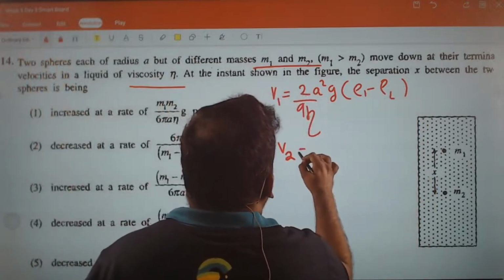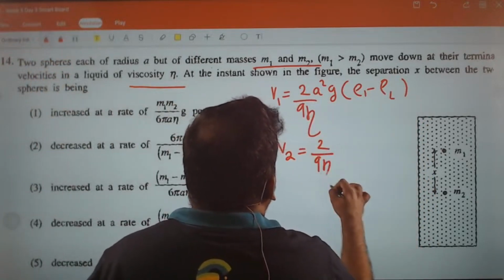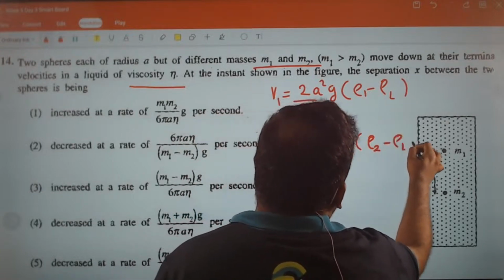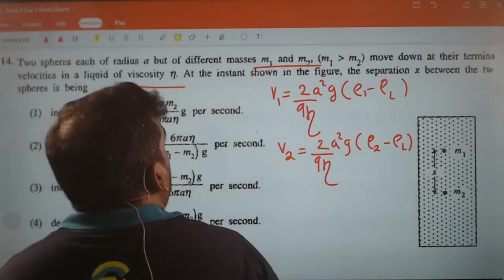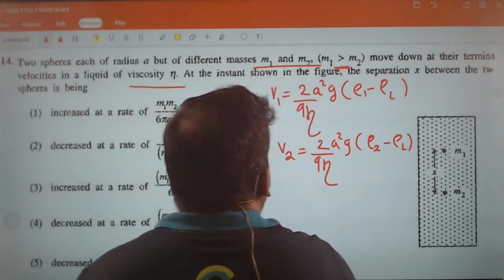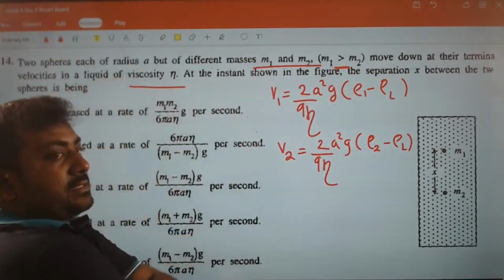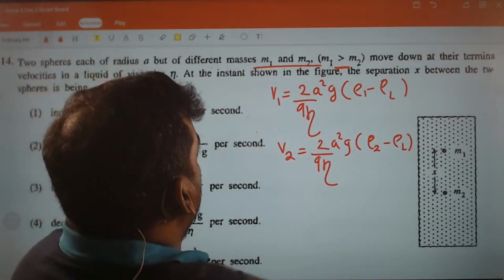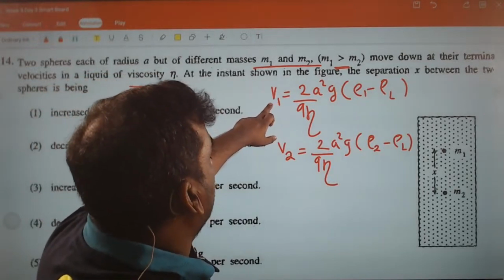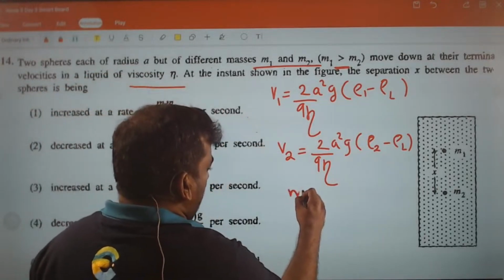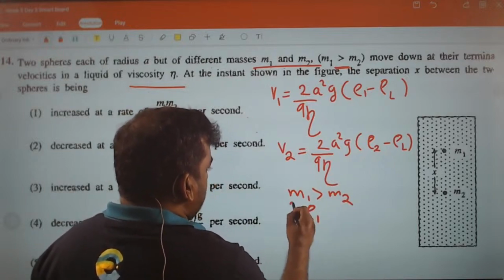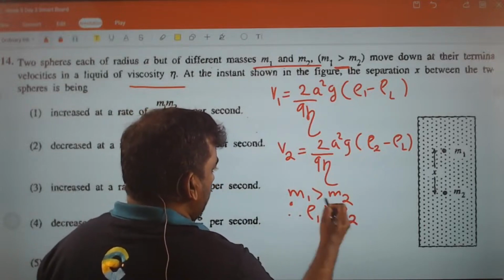What about V2? 2 over 9 eta a square g rho 2 minus rho L. M1 is larger than M2, the larger the mass, the greater the density, so V1 has a greater terminal velocity. M1 larger than M2 means rho 1 is larger than rho 2.